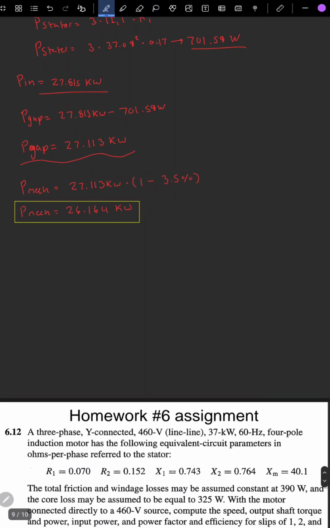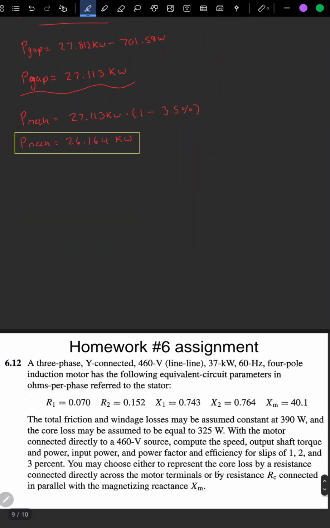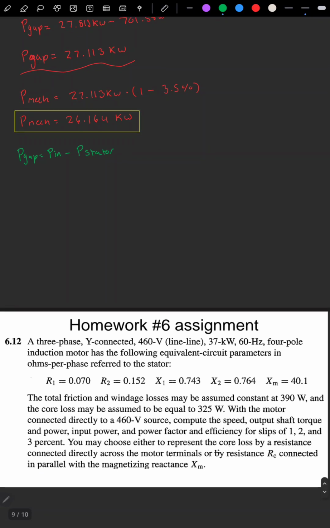Now, quickly, I would like to add, there are multiple P-gap equations. The first one that we talked about was P-gap equals P in minus P stator. But there are two more new ones.